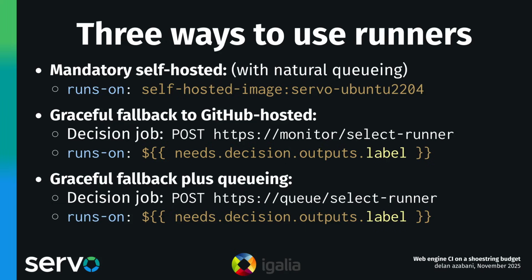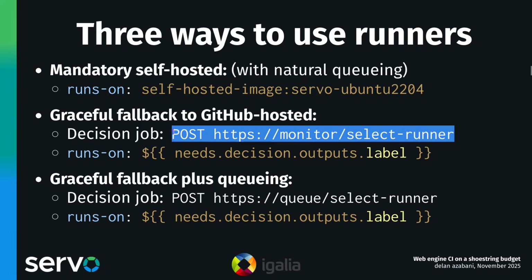So we built some features to allow you to do graceful fallback. And how this works is that each of the servers that operates these runners has a web API as well. And you can hit that web API to check if there are runners available and reserve them. Reserving them is something you have to do if you're doing graceful fallback, but I'll explain that in more detail a bit later on.